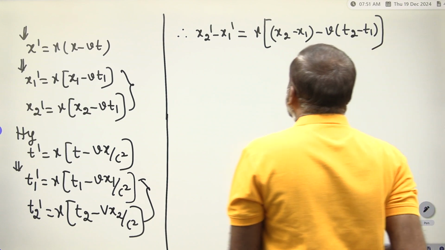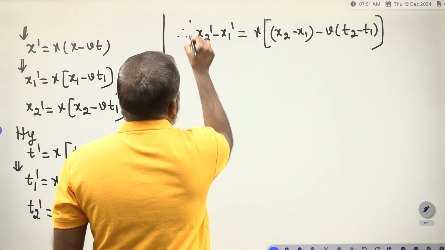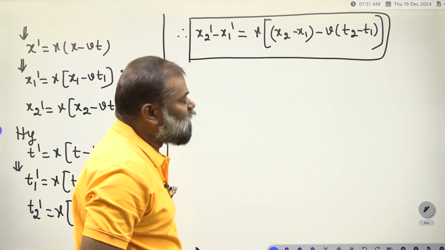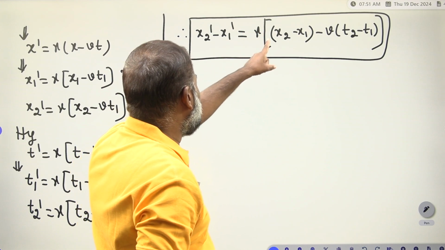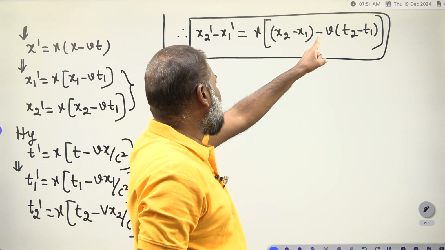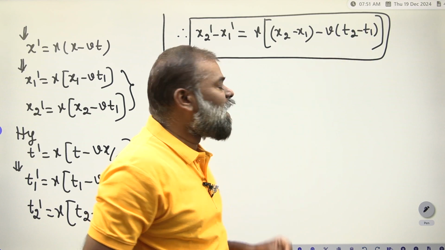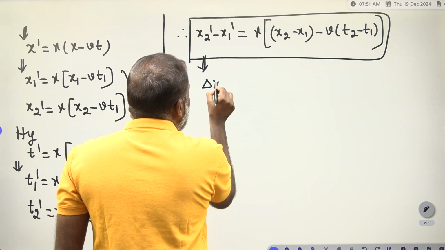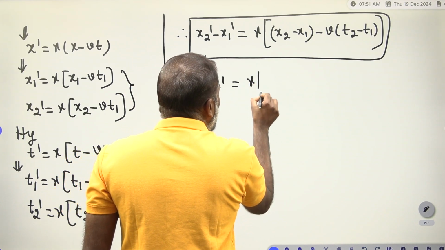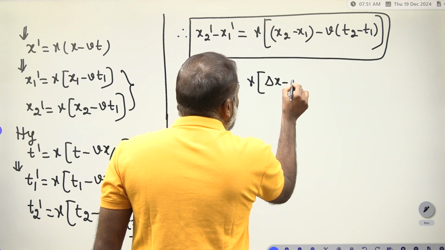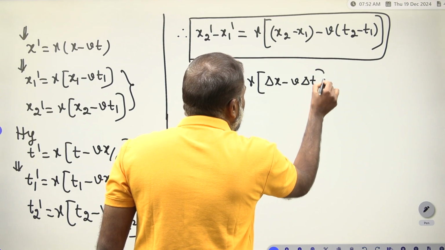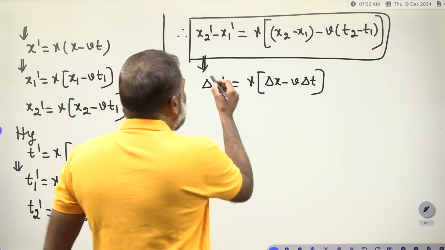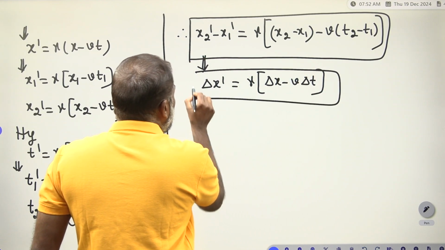This expression is a very important expression: x2 dash minus x1 dash is equal to gamma into x2 minus x1 minus v into t2 minus t1. We can also write it as delta x dash is equal to gamma into delta x minus v into delta t.